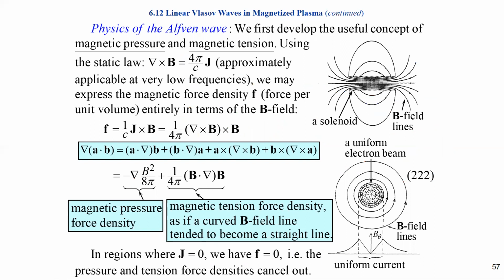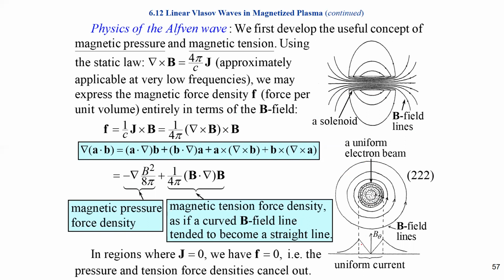If we have a solenoid, just like this one, we can generate a magnetic field. And the magnetic field flux is shown here: B field lines, a solenoid here, and a uniform electron distribution here.